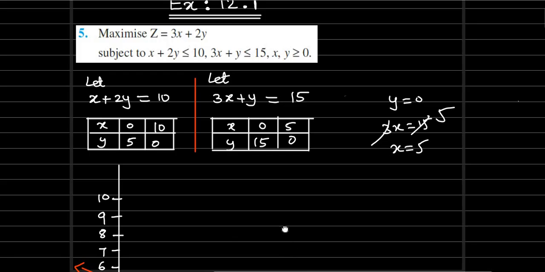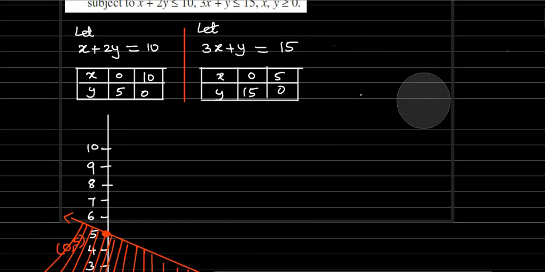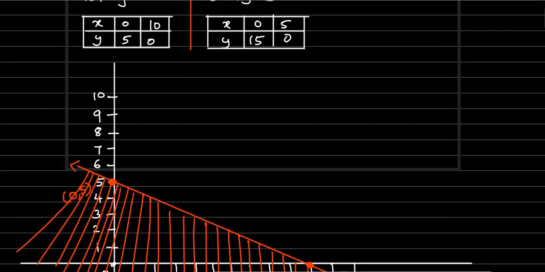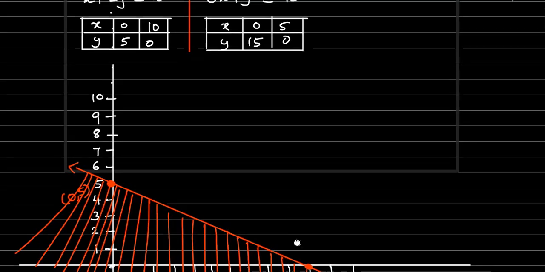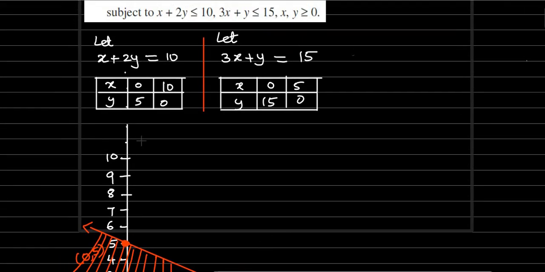Now we have to mark these points in the graph. For 0 comma 15, I will roughly mark it here: 11, 12, 13, 14, 15. Somewhere here you will get it. I'll just extend the graph here, just overlapping, but it's fine. Our point is going to be here, this 15.